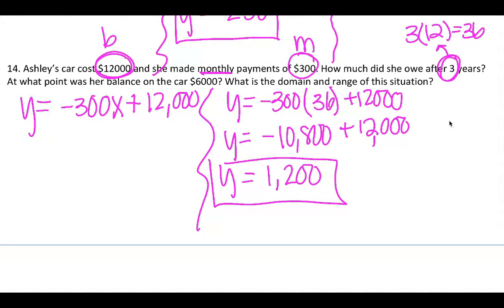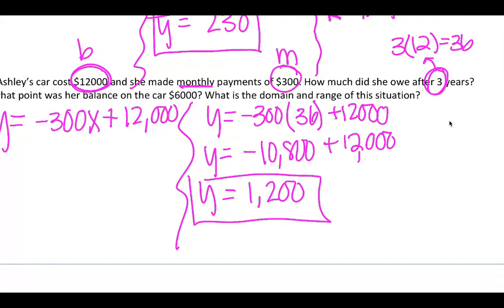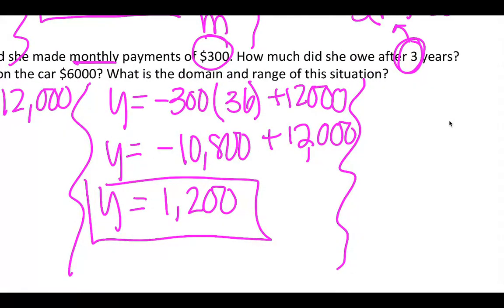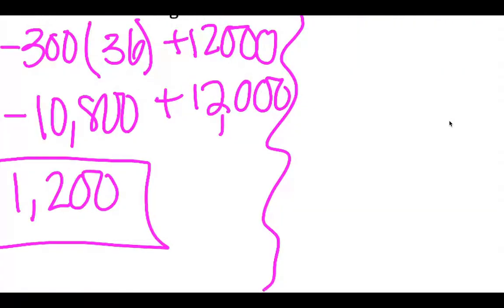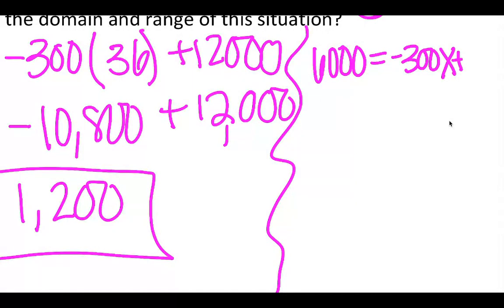Then it says, at what point was her balance on the car 6,000? So this time we want to know the cost, which is the y value. So I'm plugging in 6,000 for y and solving for x. Sorry, y'all, trying to squeeze that in. So minus 12,000.